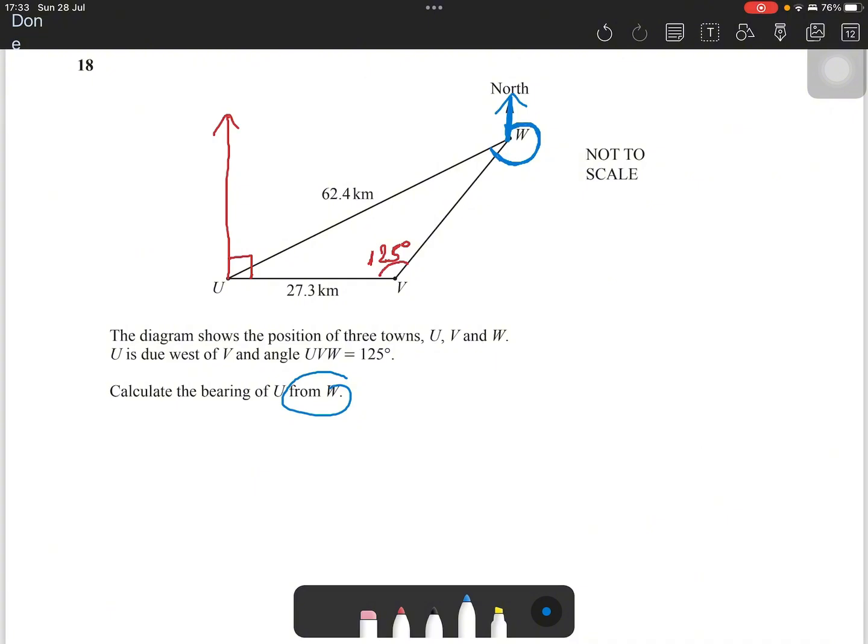To find the blue angle, first we look at the triangle UVW.